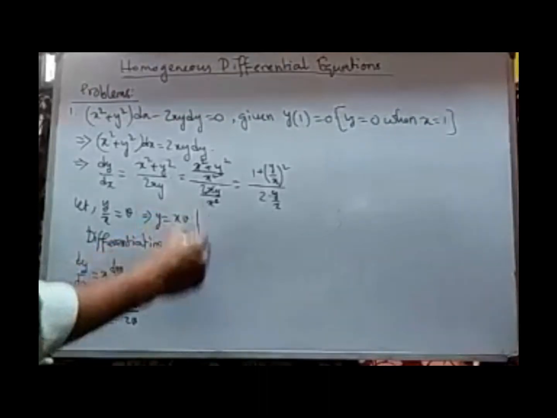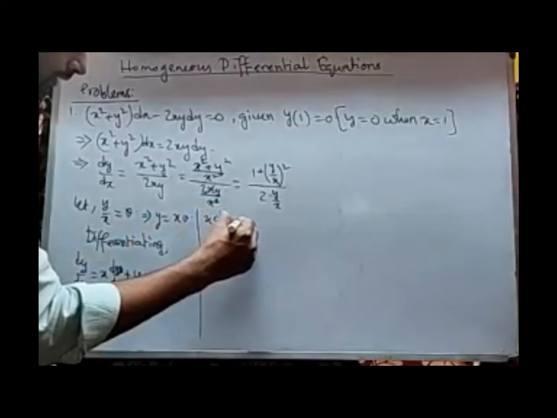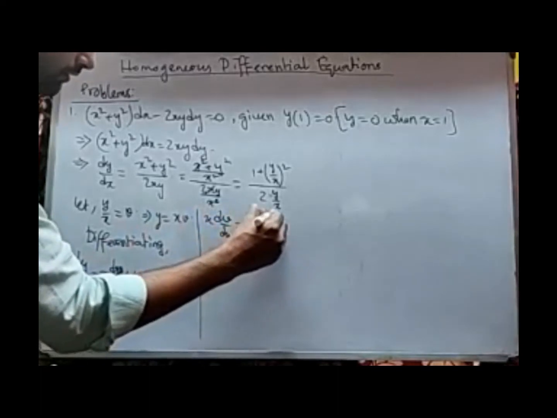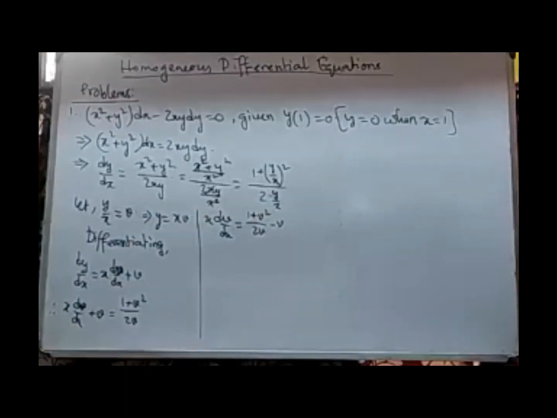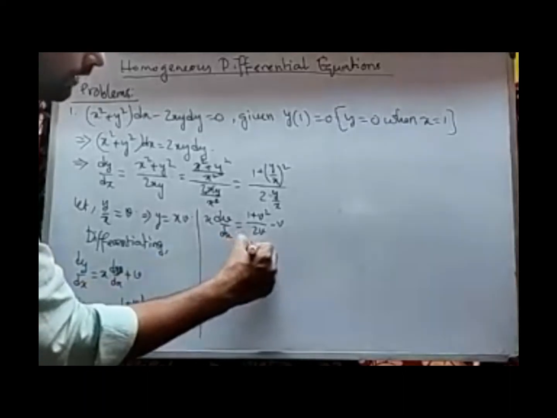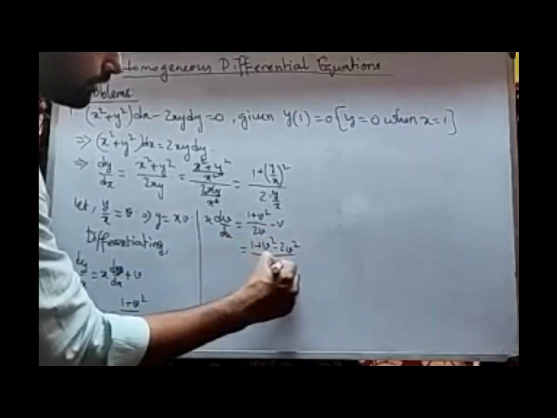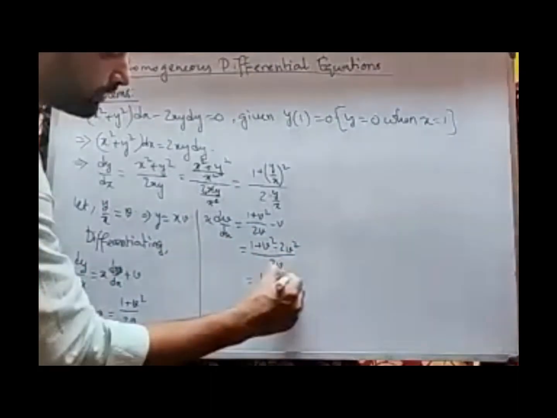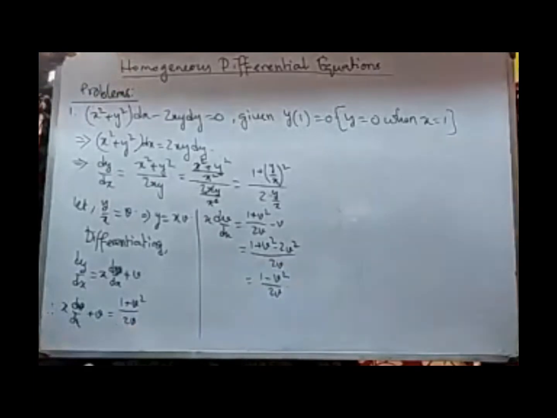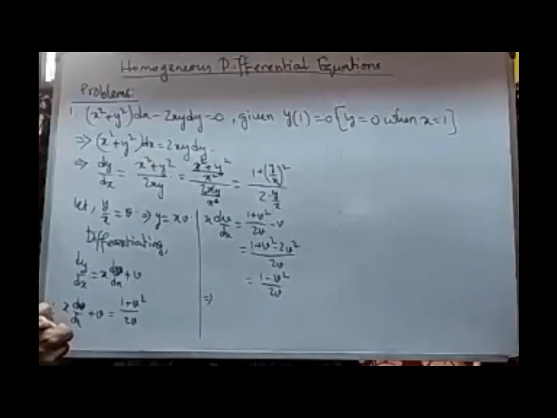And now you change the sides of v. x dv/dx equals (1 plus v square) by 2v minus v. So then (1 plus v square minus 2v square) divided by 2v. So you are getting (1 minus v square) by 2v. So now you separate the variables.